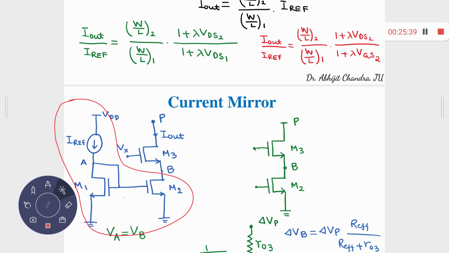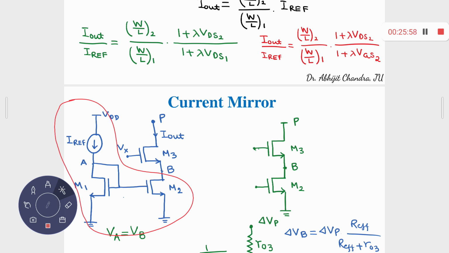For cascode, your output impedance is large enough. That means even if I have some fluctuation over there, that will not be reflected over here, so that the potential at this point can be made a constant value.